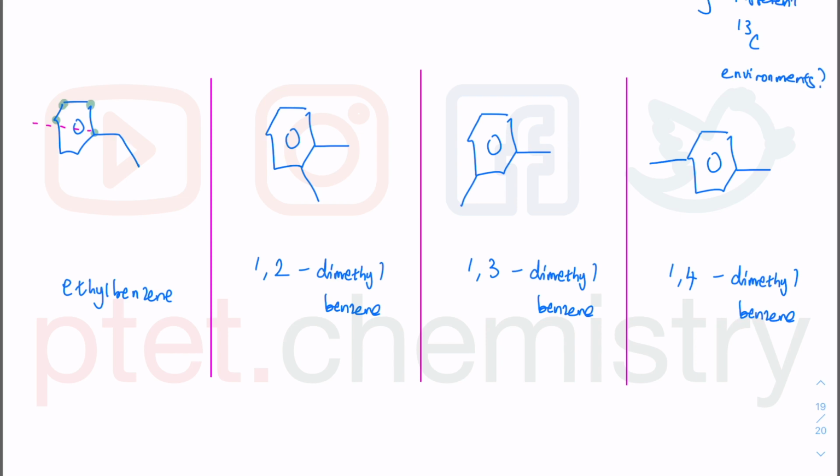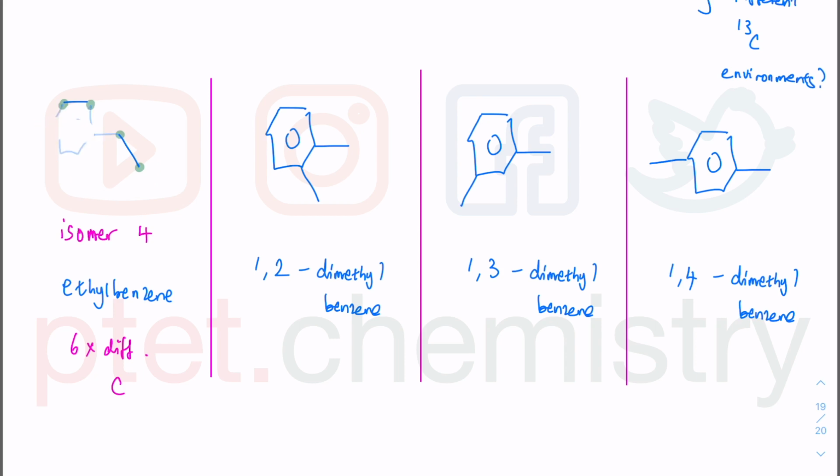So I'm just highlighting the different carbons. So I have 1, 2, 3, 4, 5, 6. I have 6 different carbon environments. Looking at this, I'm looking for 6 peaks in carbon NMR. So this must be isomer number 4, because it's got 6 peaks in the NMR.